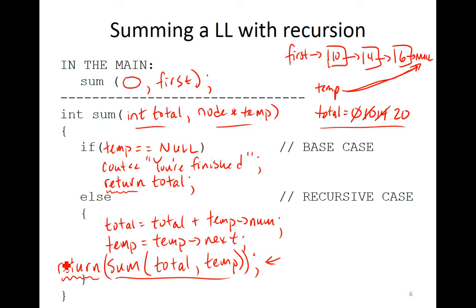But then that's going to get sent back to the previous round, and then to the previous round, all the way until the first round, which is back in the main. All right? Sorry, let me just clean this up a little bit before I leave you here.